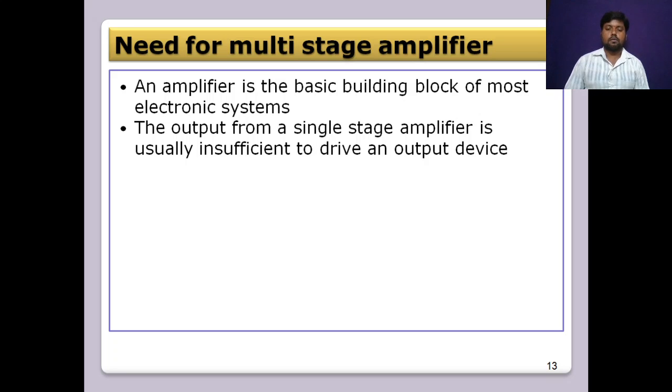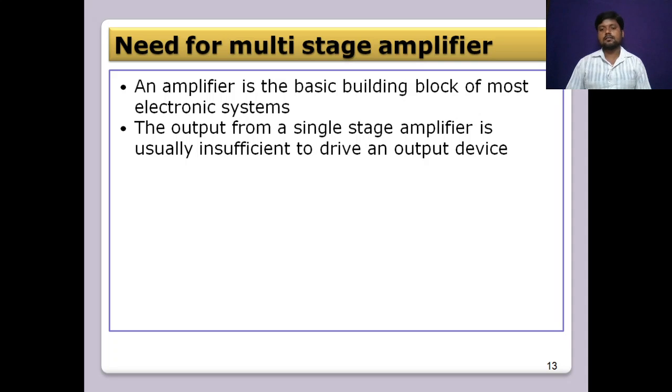There are around 1500 students in our college, and if he directly gives the message, it is not audible to all the 1500 students. So we use a mic, an amplifier in between, and a loudspeaker, of course. But if the amplifier has only a single transistor, then what will be the condition?